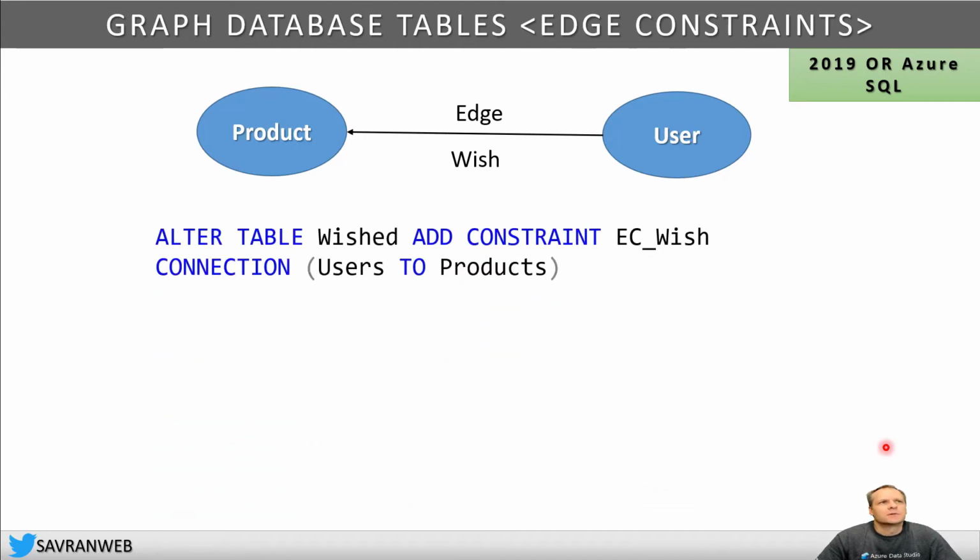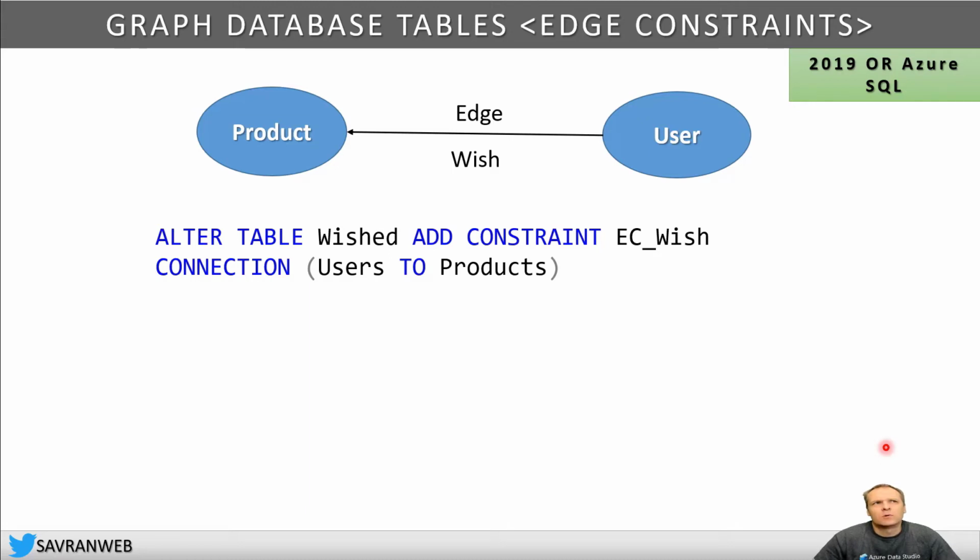This is the most simple one, and as you can see, I'm still using the alter table syntax, and I'm giving a name for it. I am altering a relation table here, which is wished, and I'm saying my connection can go from users to the product table. You are defining where this relationship can come from and go to.